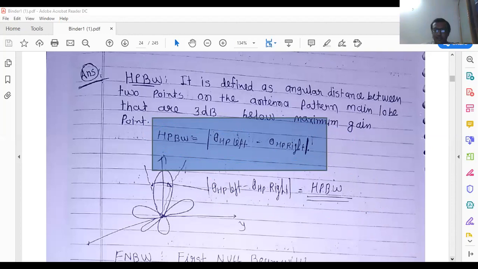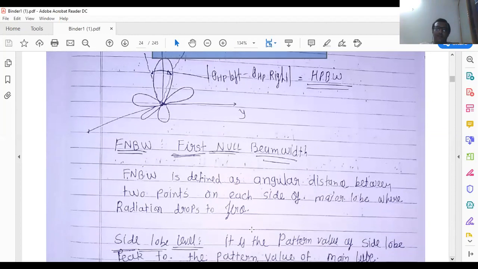Next is the first null beamwidth. First null beamwidth is defined as the angular distance between 2 points on each side of the major lobe where radiation drops to 0. Below 50%, here also 50% is present. See this, I have sketched the figure.